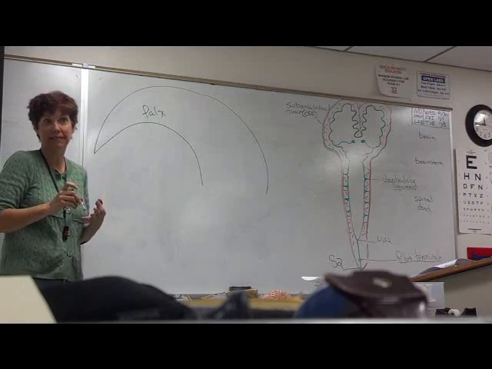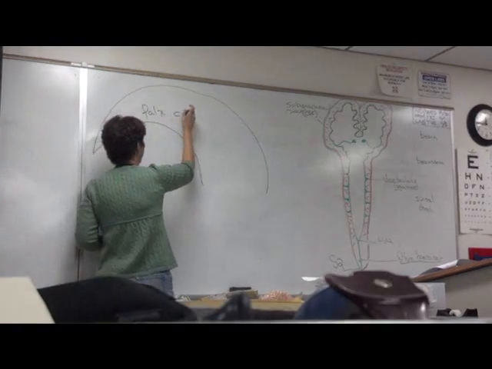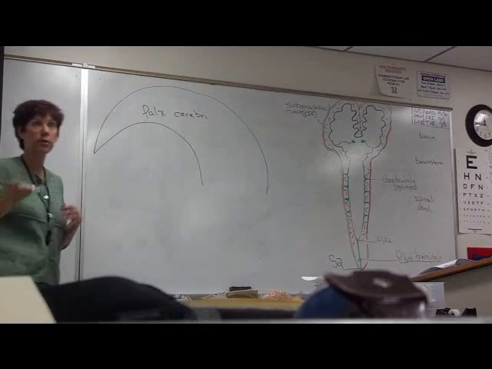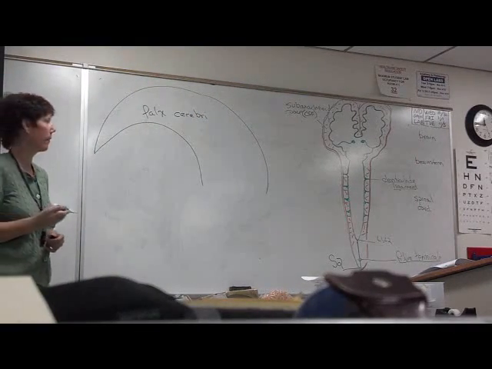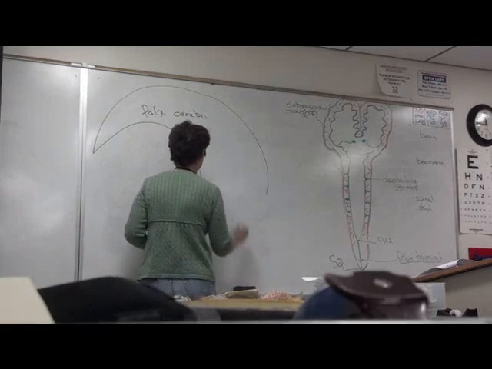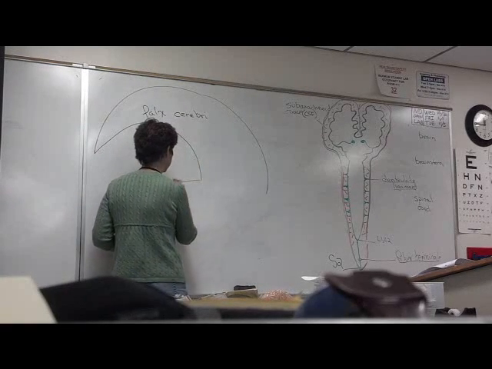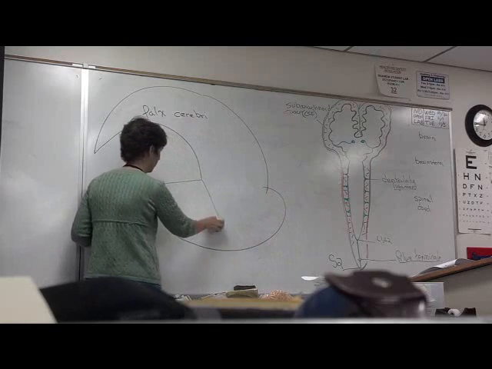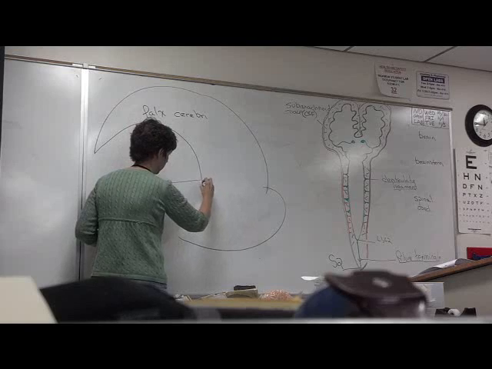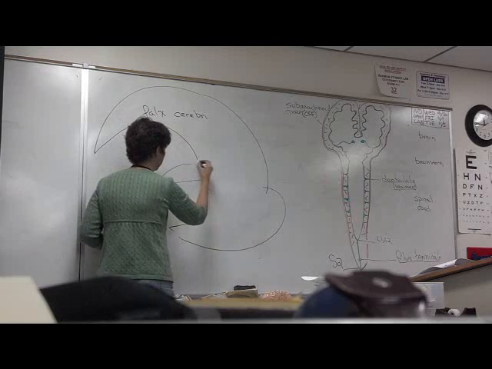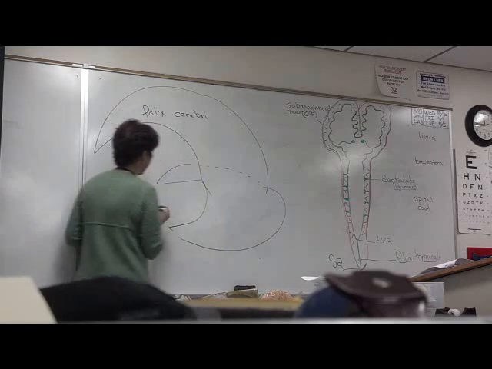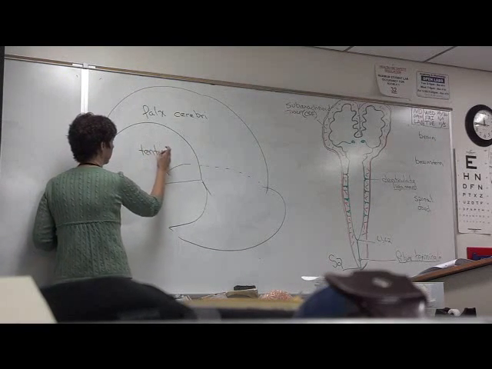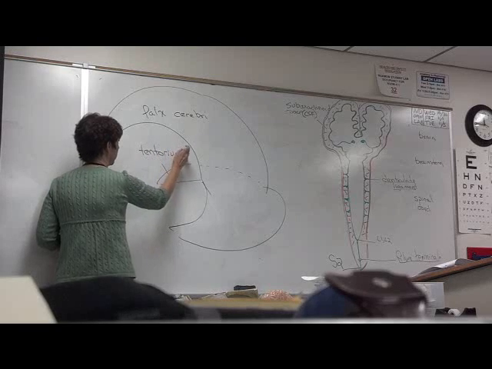It means fold. Okay? So this is the falx cerebri, or the cerebral fold between the two cerebral hemispheres. And then there is a kind of a tent shape. And this is known as the tentorium cerebelli because of that tent appearance.